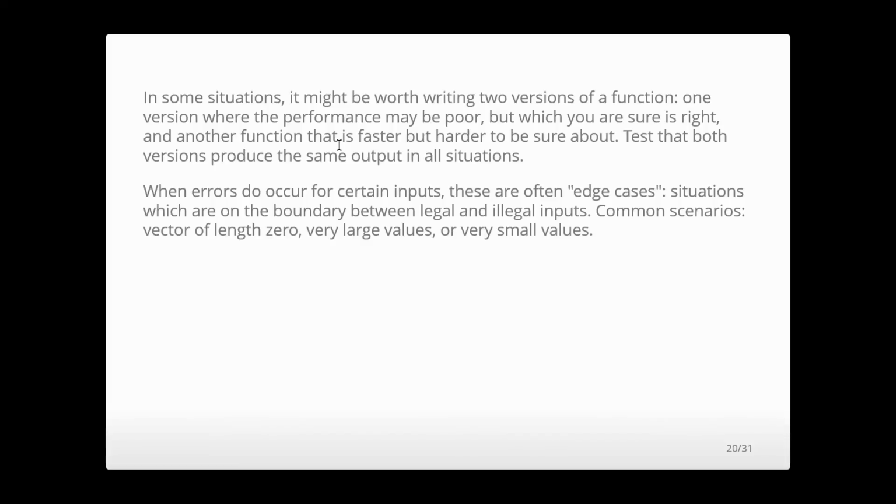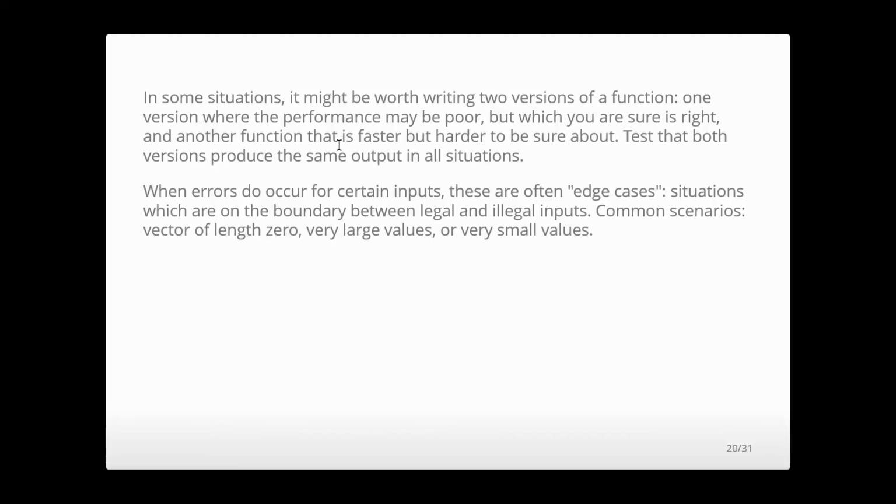It might be worth trying to write a separate function where the code may be more optimal or efficient, but you're not 100% sure if it's doing exactly what you expect it to do. And then you can run some cases to make sure that both things are doing the exact same thing, right? Because if these 2 bits of code are supposed to work in the same way, you can test all of those things.